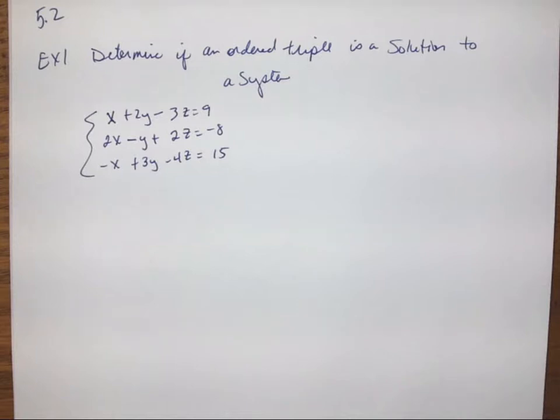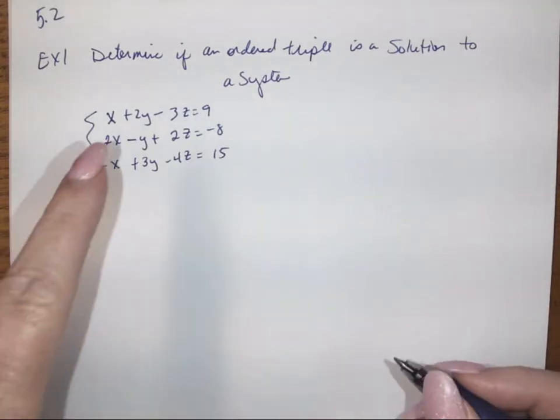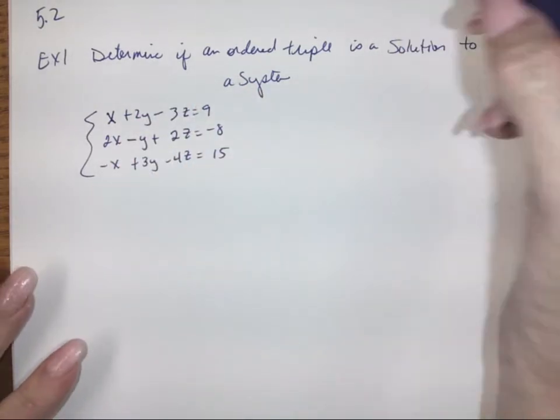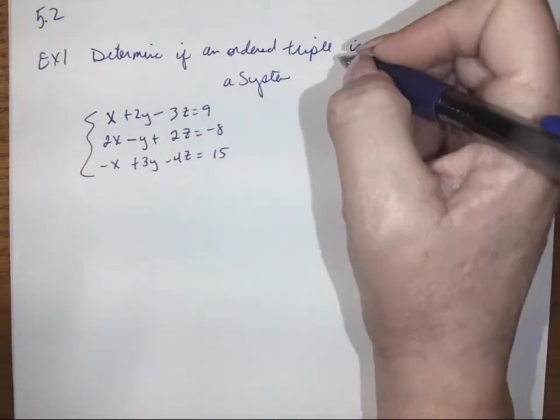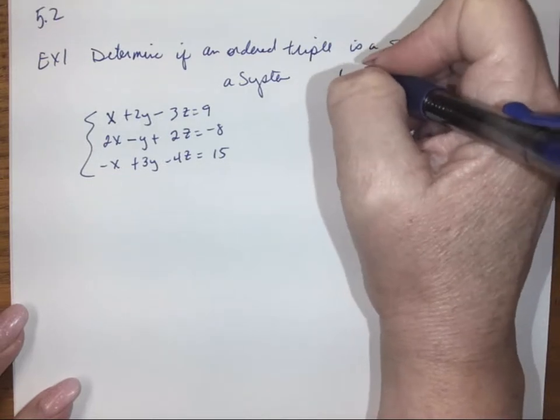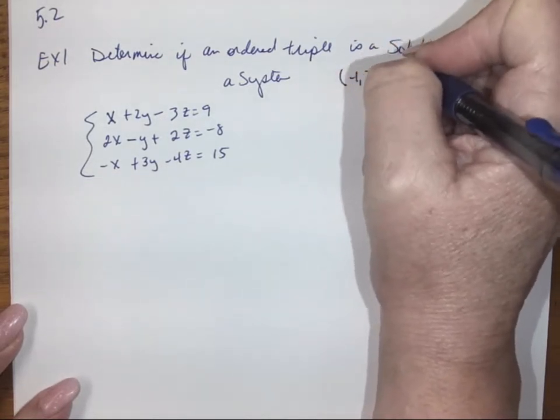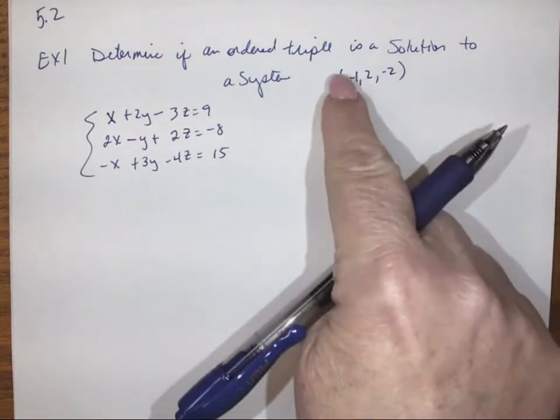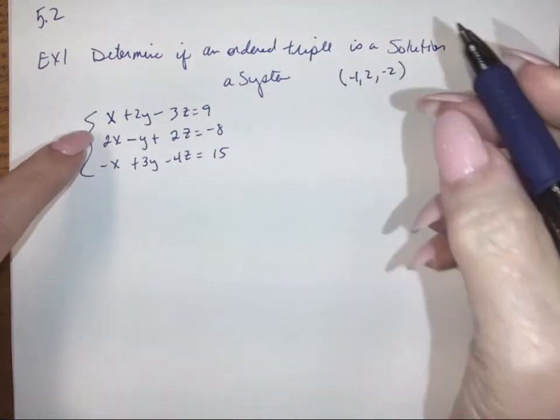But we're going to do things that are similar to the previous section where we did the solutions of a system with 2 variables. So what I'm going to do is plug in our value of the ordered triple we're looking at, negative 1, 2, negative 2. Is it a solution for this system? So this is our x, our y, and our z.